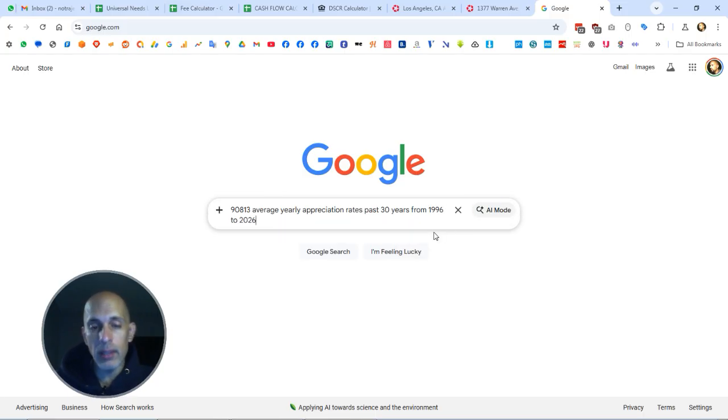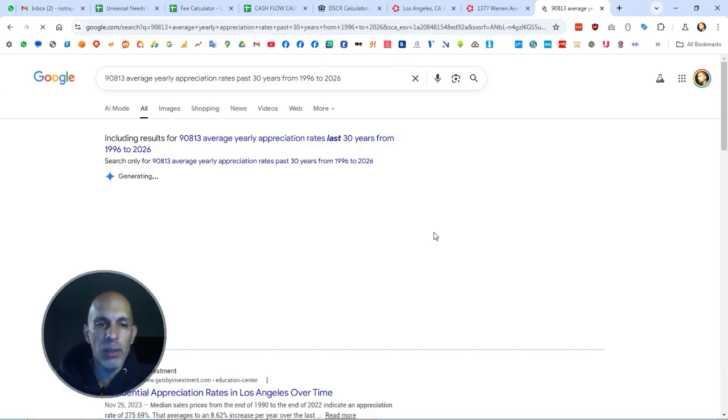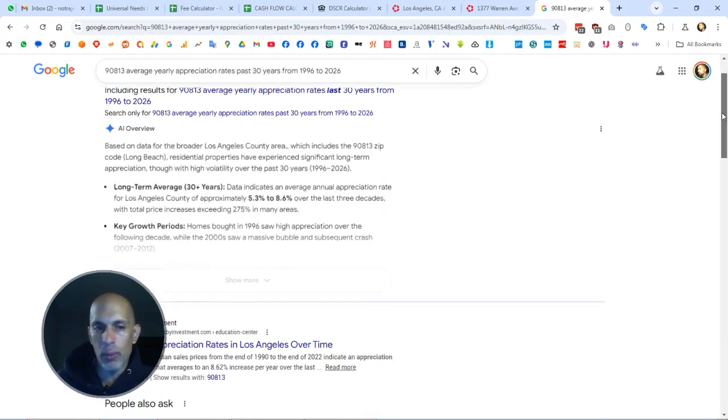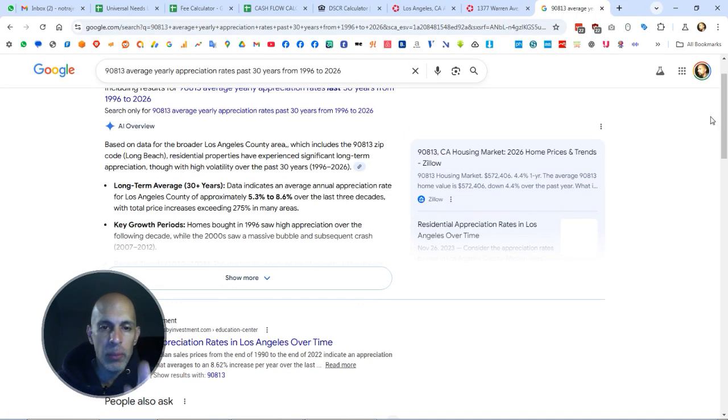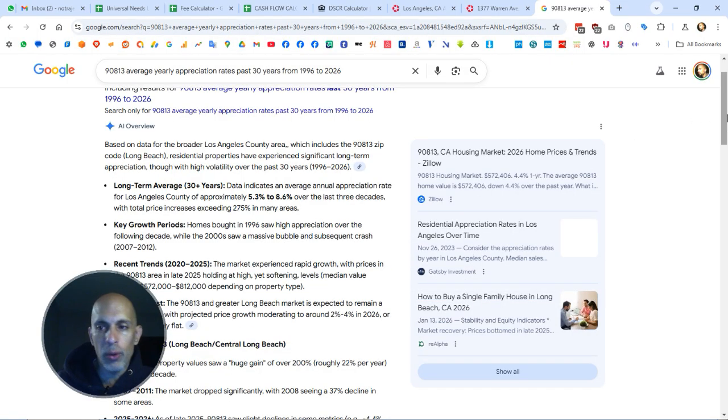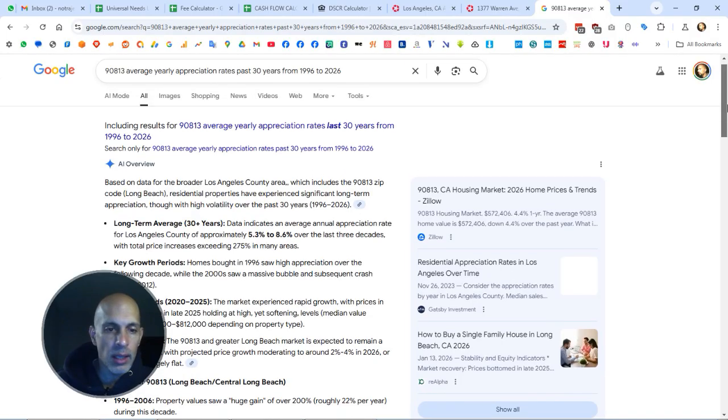So why 1996 to 2026? Because it's the closest to this year. It doesn't make sense to look up 30-year data from 1950 to 1980. It's not close enough to today's period to really matter. So we need to look up from today going back 30 years, which would be 1996.